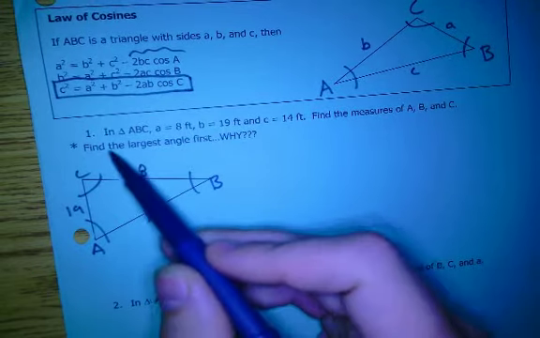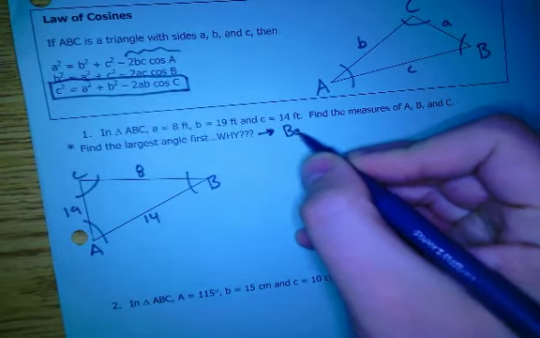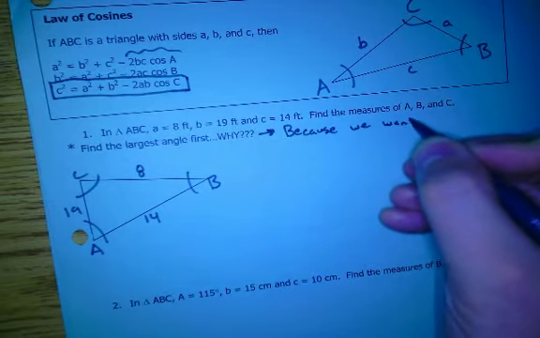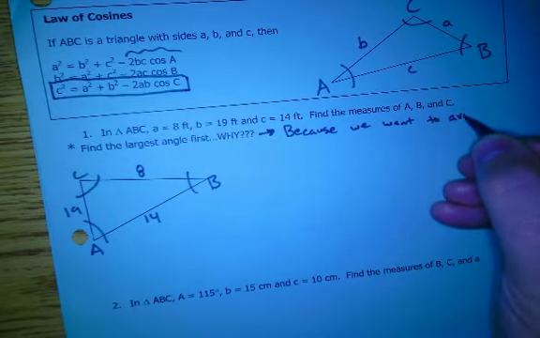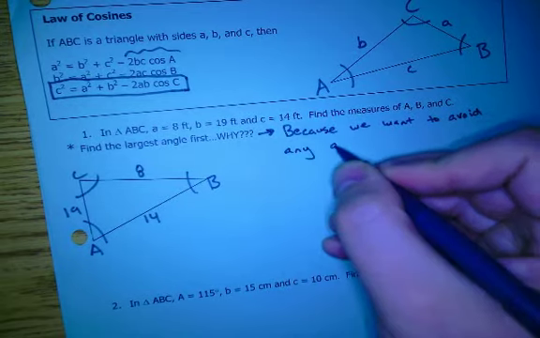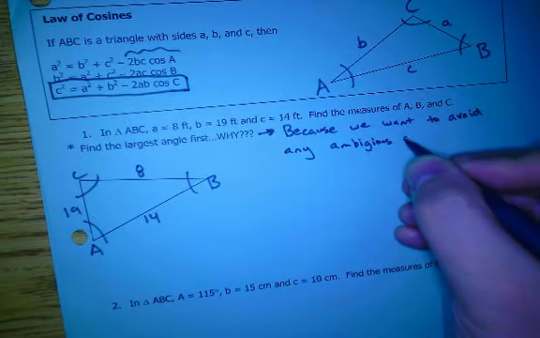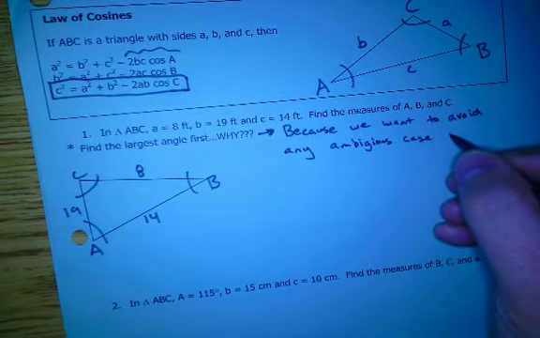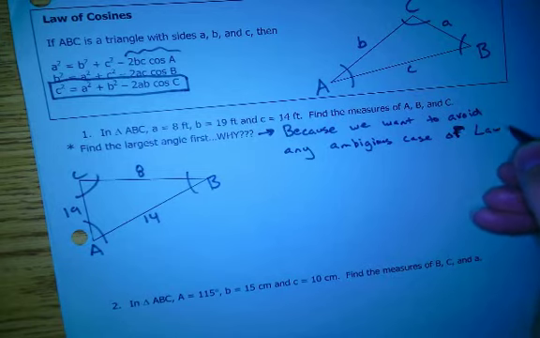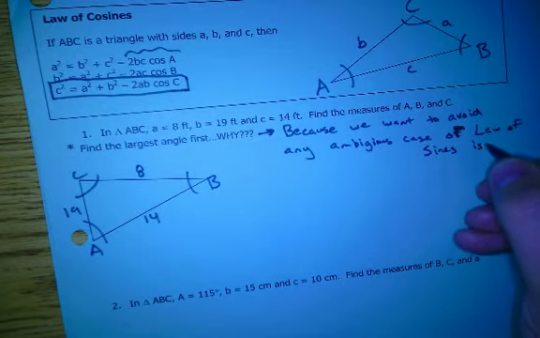So what we want to do is find the largest angle first. Why? Because we want to avoid any ambiguous case, or, this should be an or, law of sines issues.